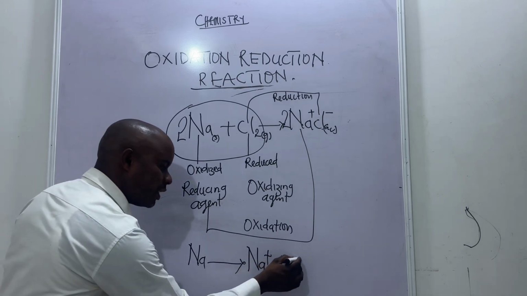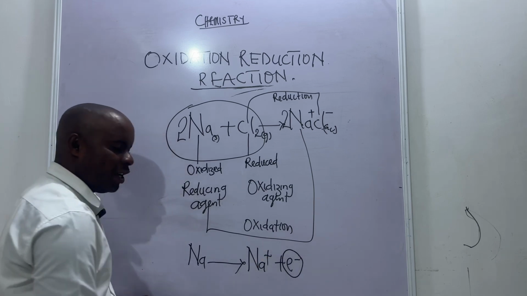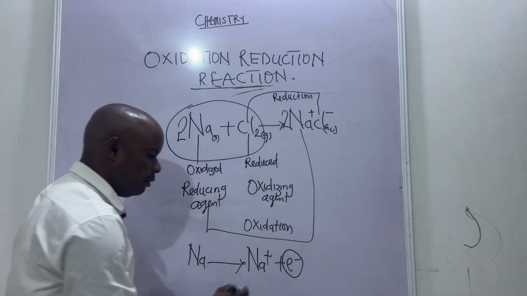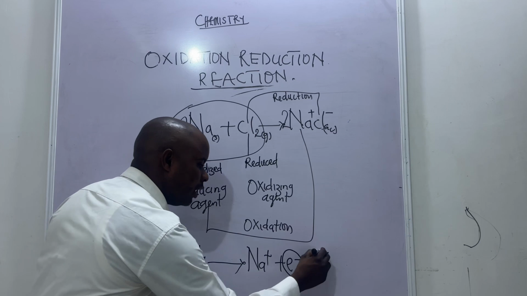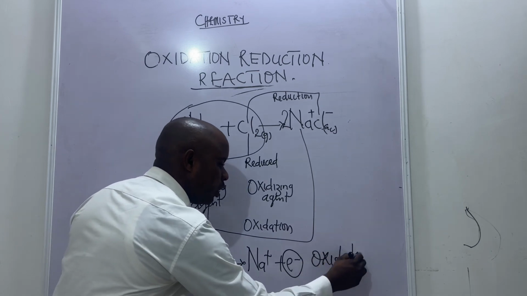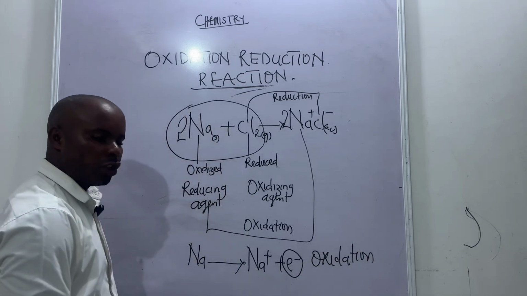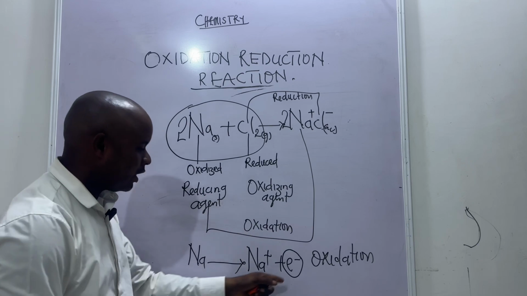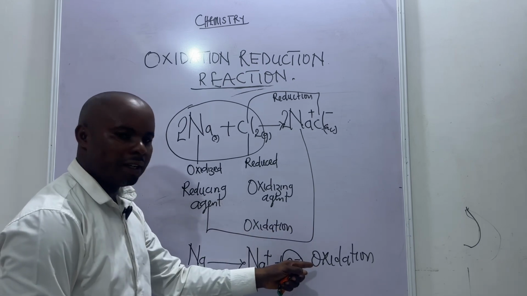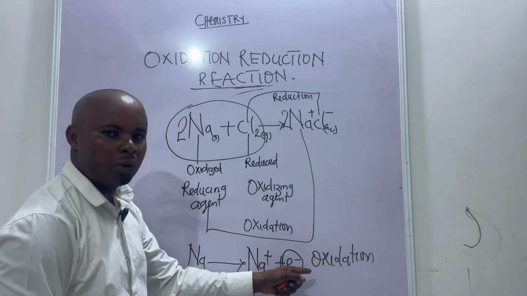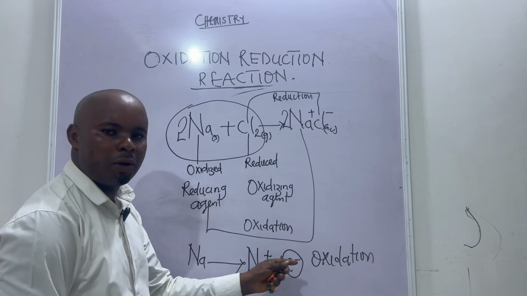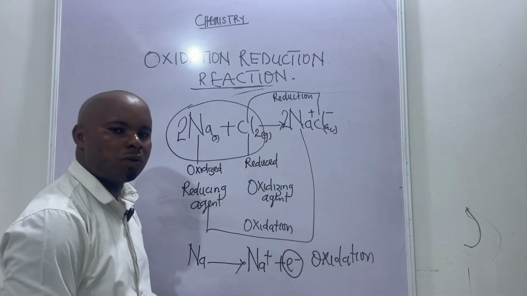So if this electron is found at the right hand side, most of the time it is known as what? Oxidation reaction. Just for multiple choice questions. So instead of stressing yourself, you can actually say that if there's an electron at the right hand side of any given equation, such an aspect of the chemical element undergoes what is known as what?